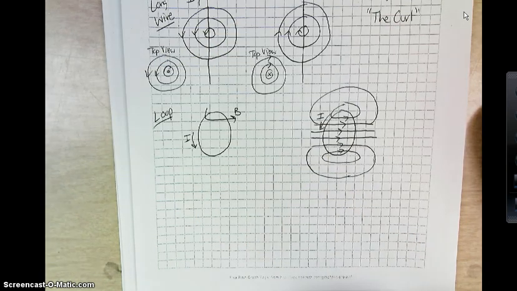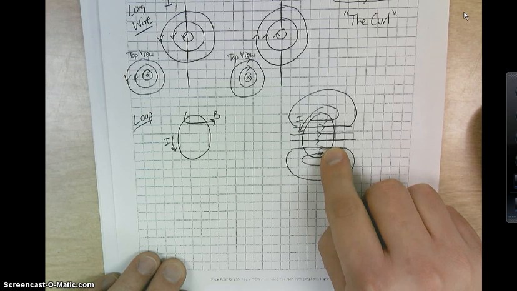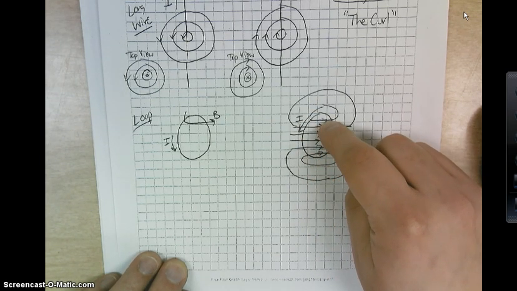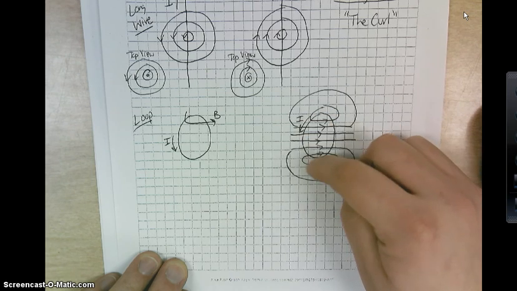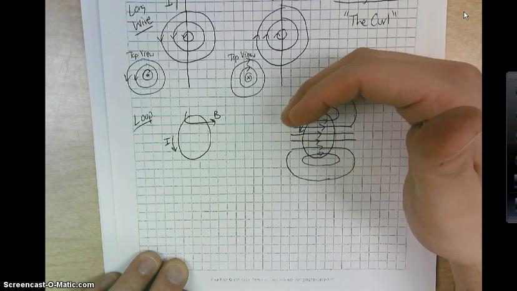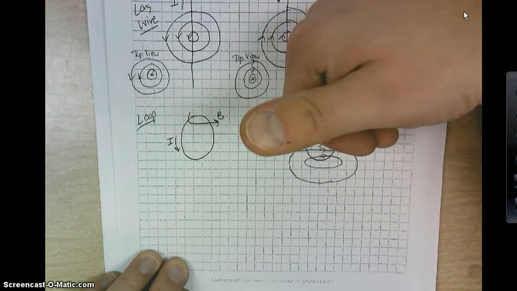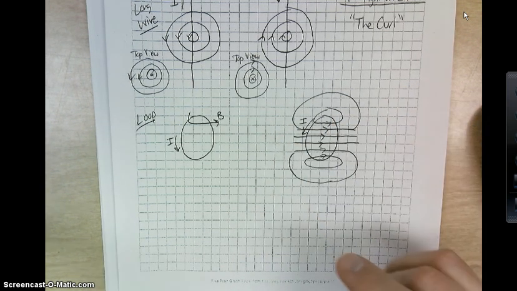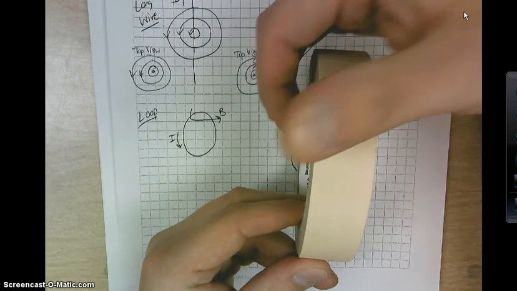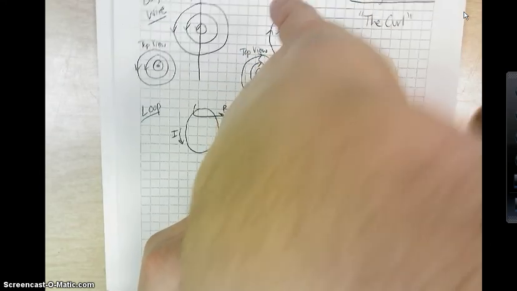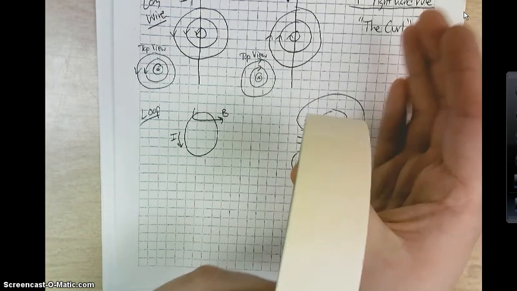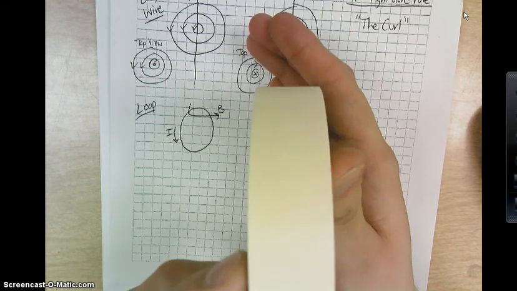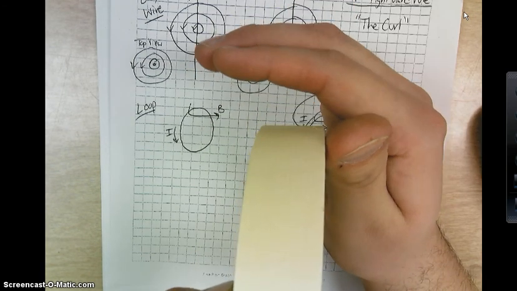For the loop I've drawn, if the current is coming out of the page, the field goes through the middle and then wraps back up and around and back through the middle. It's like the tape with the current flowing this way through here, and then coming up on the other side, it comes across the top.